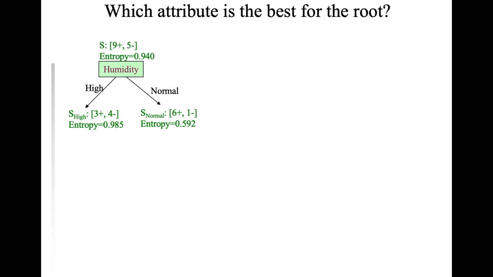It is the entropy of the whole set minus the entropy of humidity, the weighted sum of entropies for each branch, right? The entropy if humidity is high and the entropy if the humidity is normal. So that is your information gain. So you reduce the entropy of S with the weighted sum of the entropies of each branch.